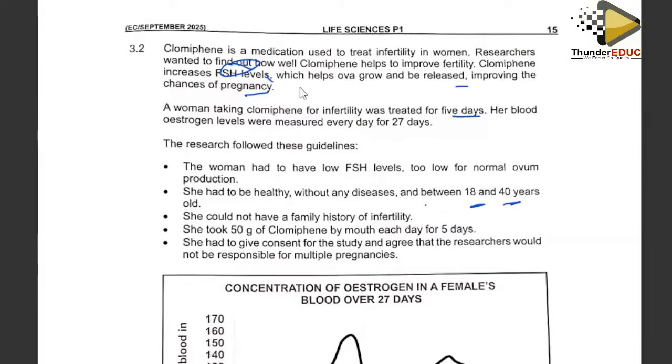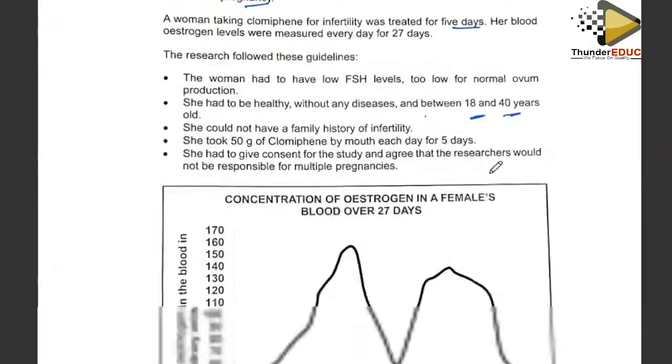She should not have a family history of infertility. Take 50 grams of clomiphene by mouth each day. She had to give consent. All these are guidelines, precautions you take in planning stages, validity, liability, all those, you'll see that they are in here.